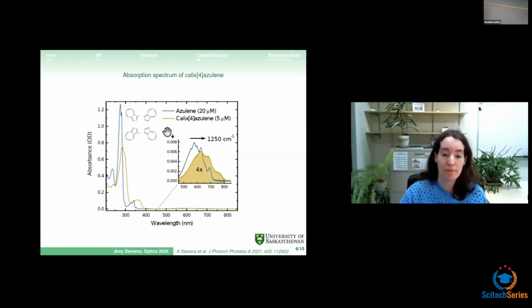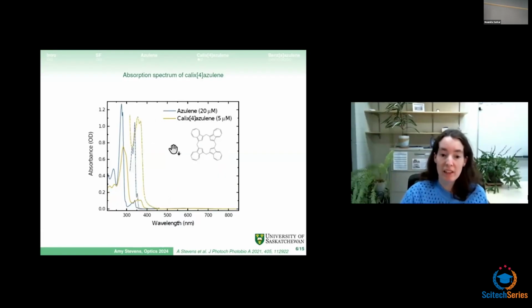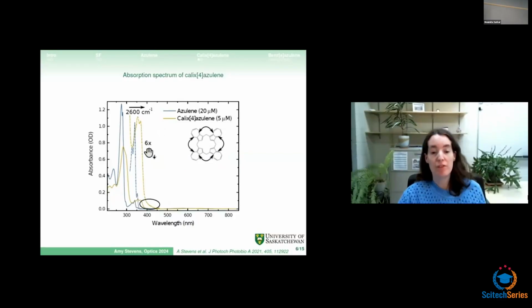If we then look at our S2 state, and here I've just zoomed in, you can see that you have not just 4 times the amount of absorption, but you actually have 6 times the amount of absorption, plus the redshift is huge now, it's over 2600 per centimeter, and we have this extra sort of peak to the red side that would suggest some kind of extra interaction.